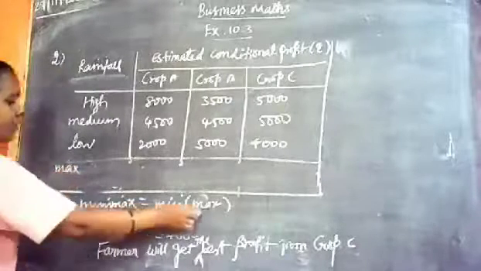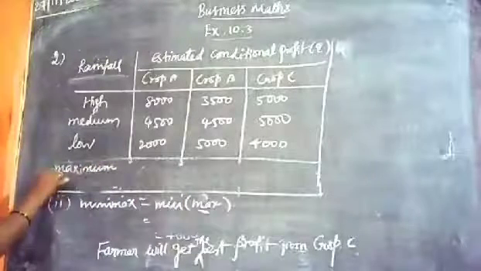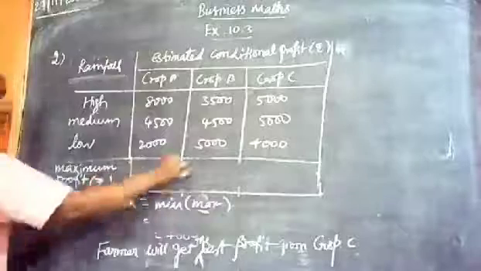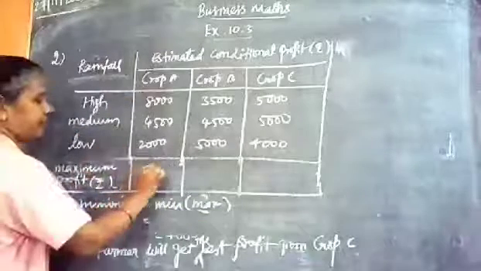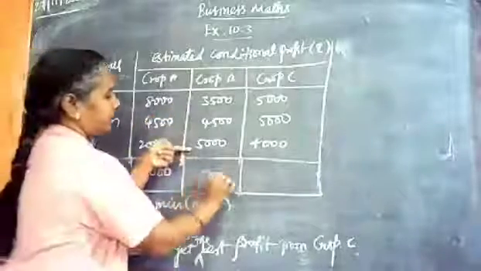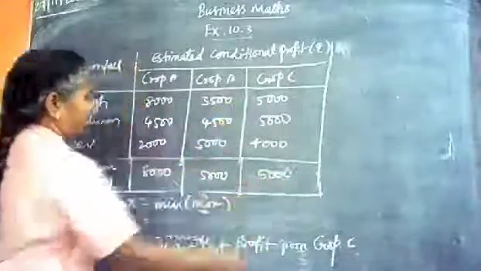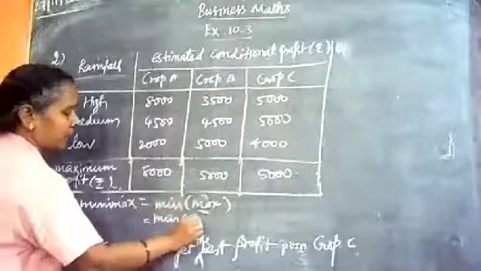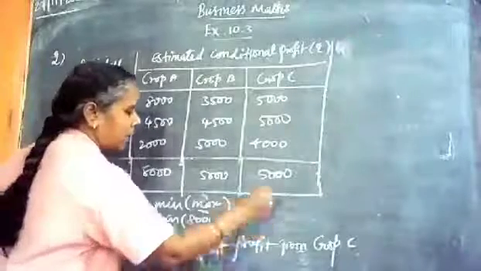The bracket here is the new row. Maximum profit in rupees you are going to find there. Out of these three values, which is maximum? And here which is maximum? 5,000. Here also 5,000. Write all these values inside the bracket. Instead of maximum, we are going to write 8,000, 5,000, again one more 5,000.